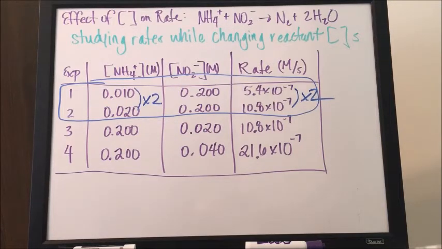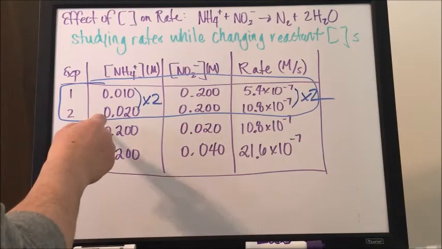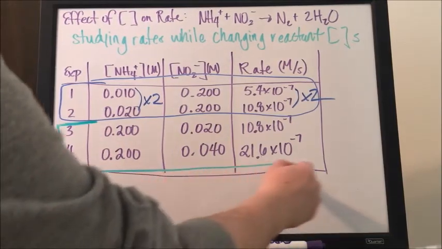But then there's a second question of, how does changing NO2's concentration affect the rate? Or does it? So in this case, we would want to look at where NO2 changes, but NH4 stays constant. And conveniently here, that's experiment 3 and 4.